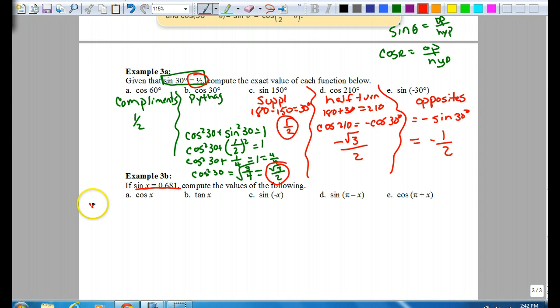So let's do the Pythagorean. We're going to have cosine squared x plus, I'm just going to go ahead and write this in as 0.681 squared equals 1.